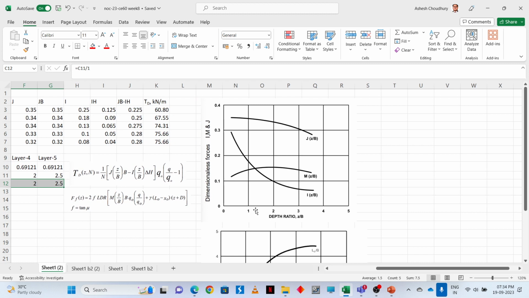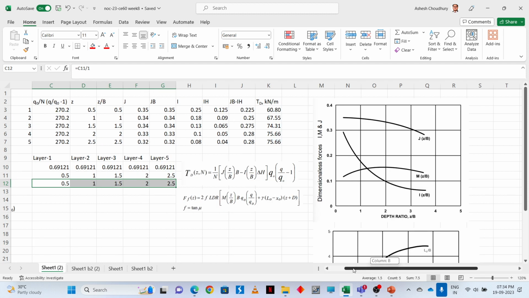For Z by B 0.5, we have M as approximately 0.125.